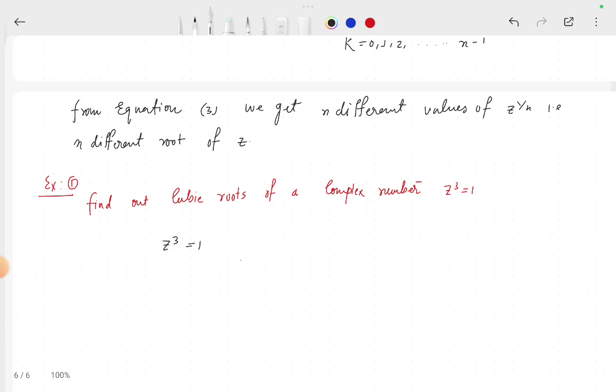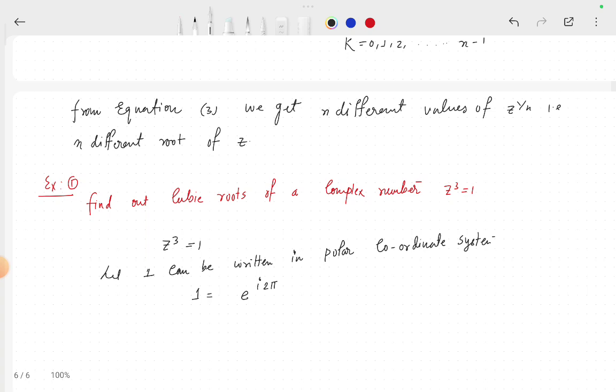So 1 can be written in polar coordinate system as e to the power i 2π for one root.